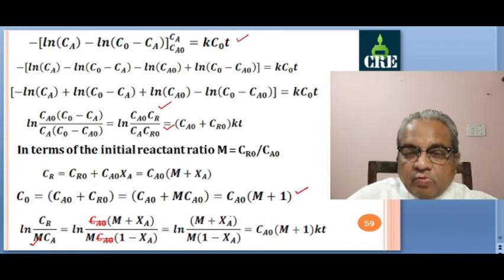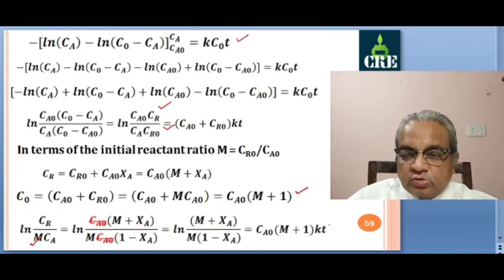So we can write this in y equal to mx form. You can plot this term on the y-axis, and t on the x-axis. For different values of t, you will be knowing CA and CR, which you calculate, or you will be knowing M and XA.